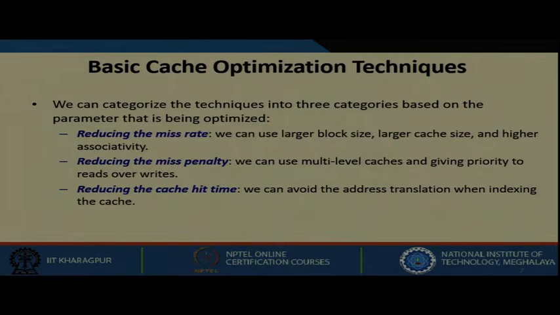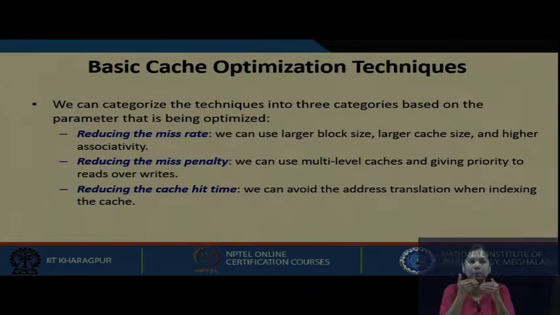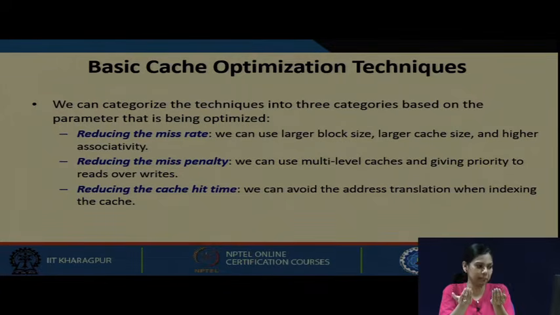Now how do we reduce the miss penalty? What do we mean by miss penalty? If we have a multi-level cache, we bring the data from main memory into an upper level of memory, and then from the upper level of memory it goes to the cache.